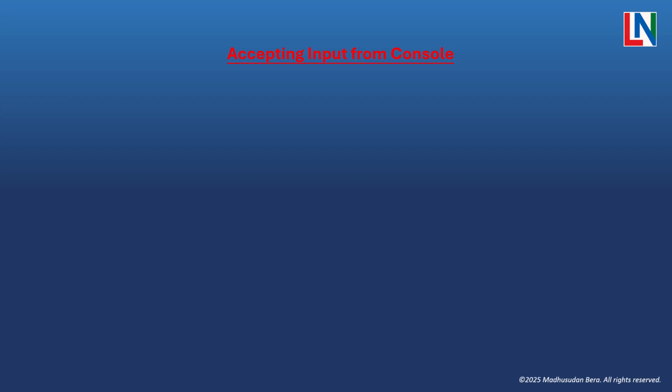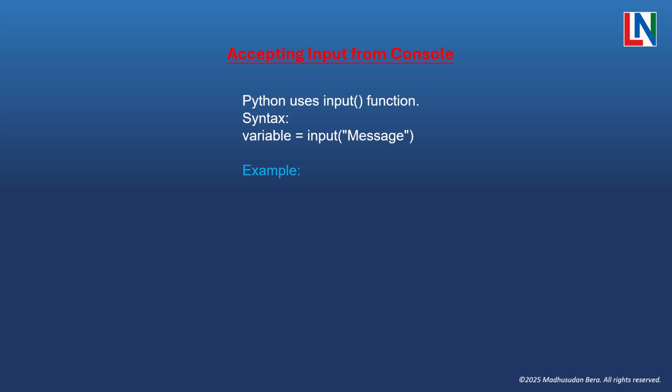Accepting input from console. Python uses the input function. Syntax: variable equal to input within brackets, message. For example, name equal to input within double quotation, enter your name, then print name.